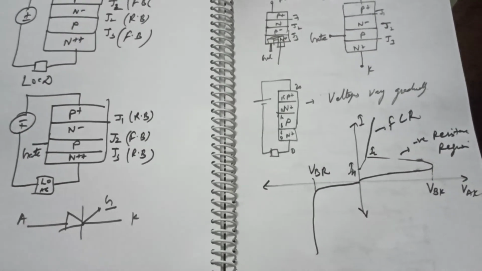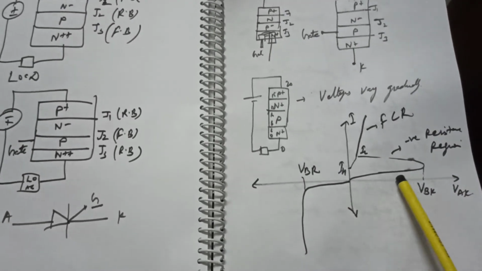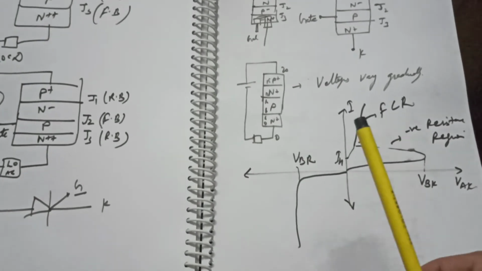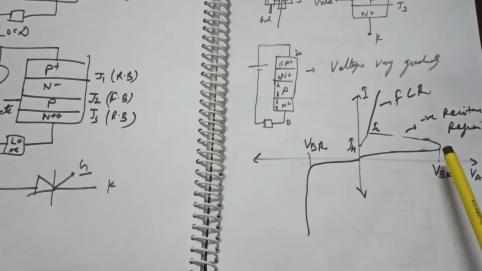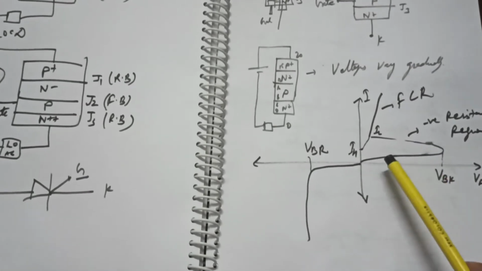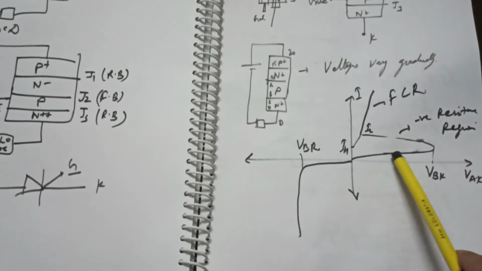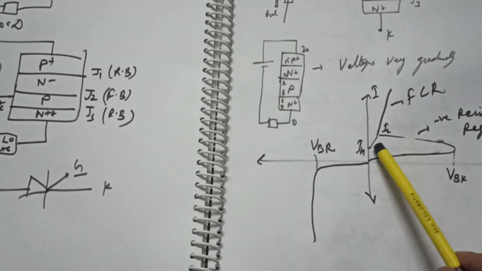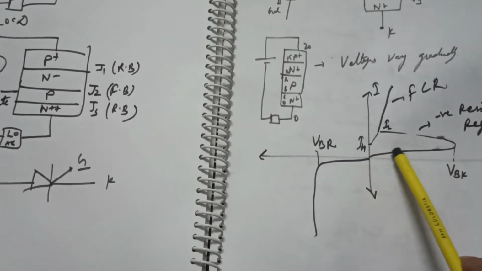Have a look at this point. Now this is the IV characteristics of a thyristor. When the voltage is up to the breakover voltage, VBO, the current will increase very slowly. Voltage has increased quite a bit, but the increase in current is very small.